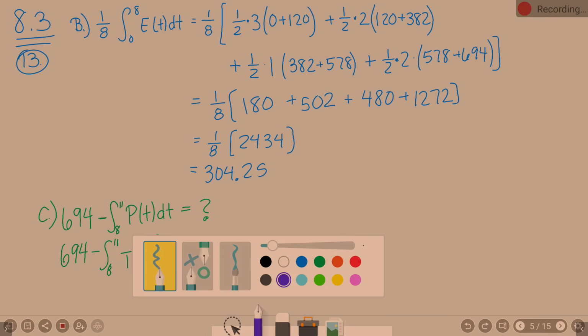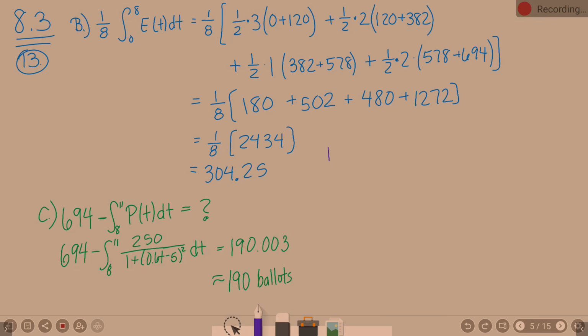Okay, so if we're looking for the fastest rate, in terms of math, we're looking for the max. When is that function at its max?